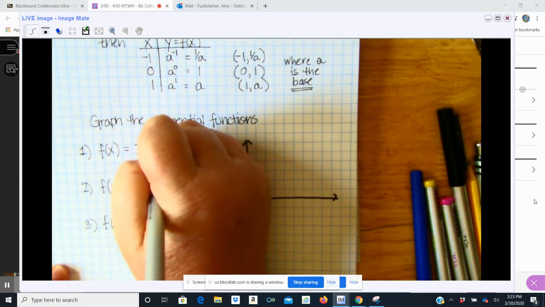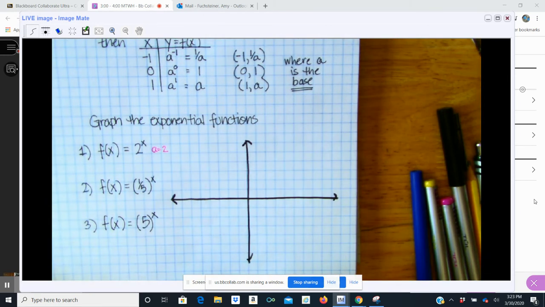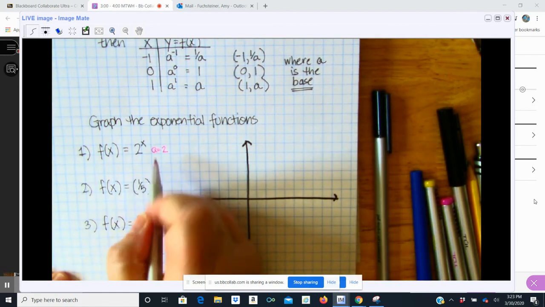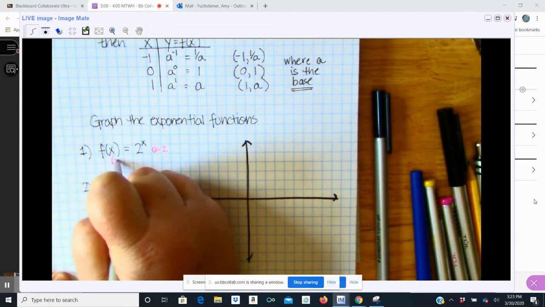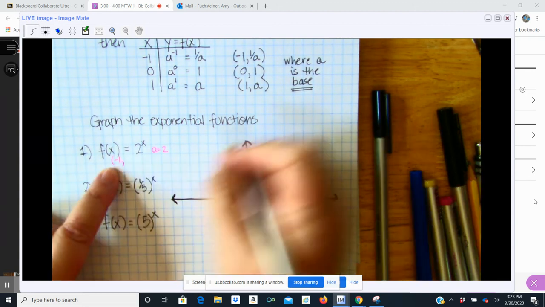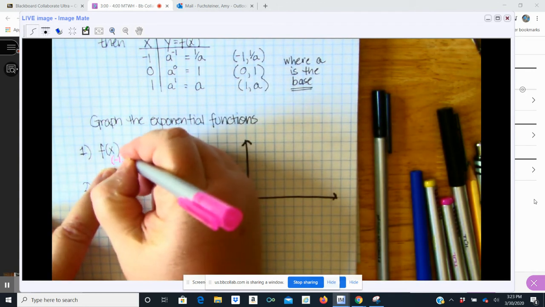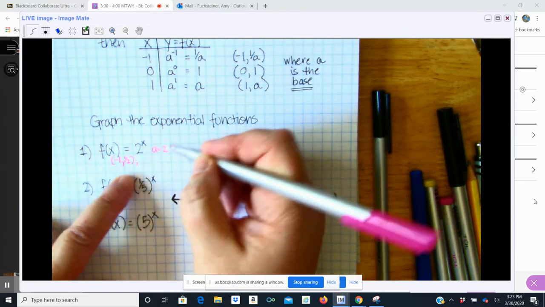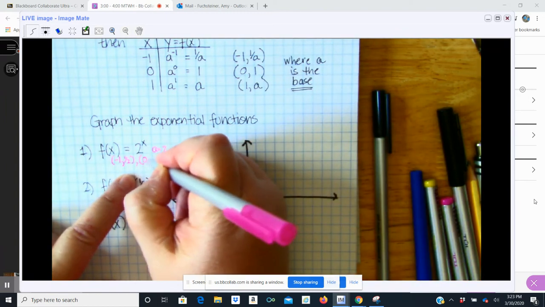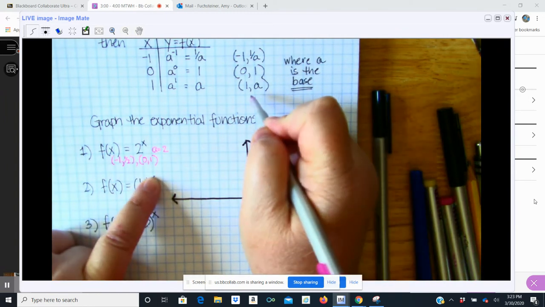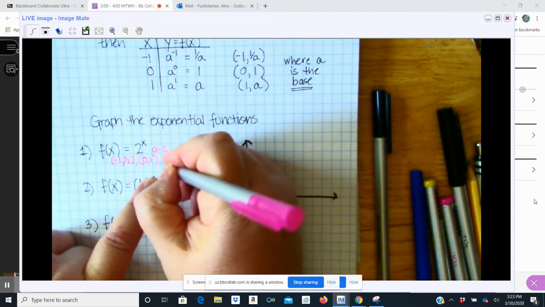For this one, a would equal 2. This means that I can quickly give myself three points. -1, and then 1 over 2. The point 0, 1, and the point 1, 2.